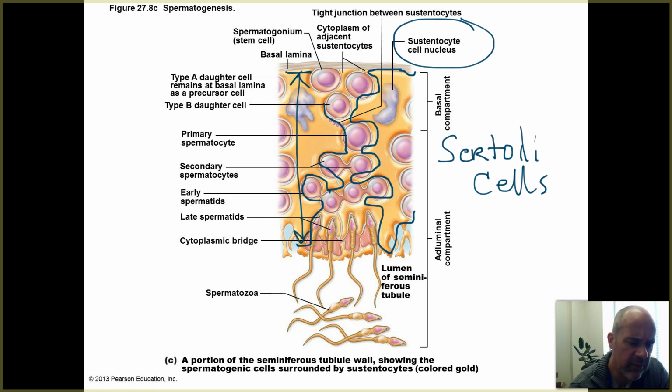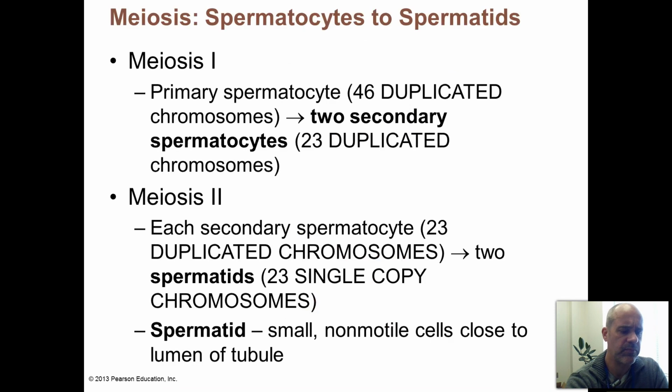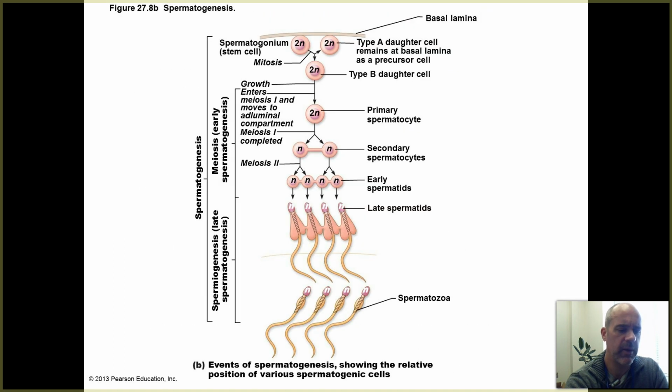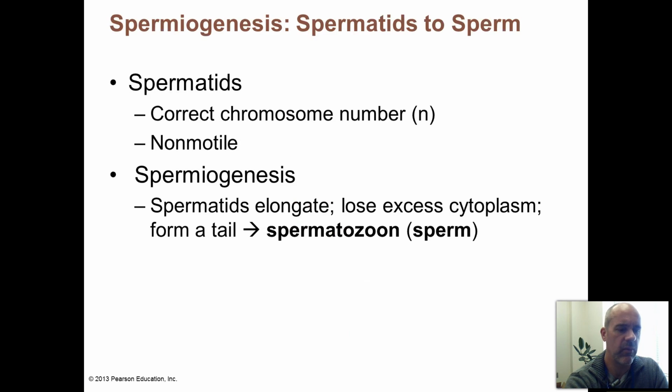On your diagram too, they're showing you right in there, and I don't see them anywhere else on the diagram, but that's indicating there are very tight junctions between these sustentocytes or Sertoli cells in the wall. So it helps hold the wall together, and parts of these Sertoli cells just wrap around these other cells. Those other cells are embedded within those. And let me go back to where I was.